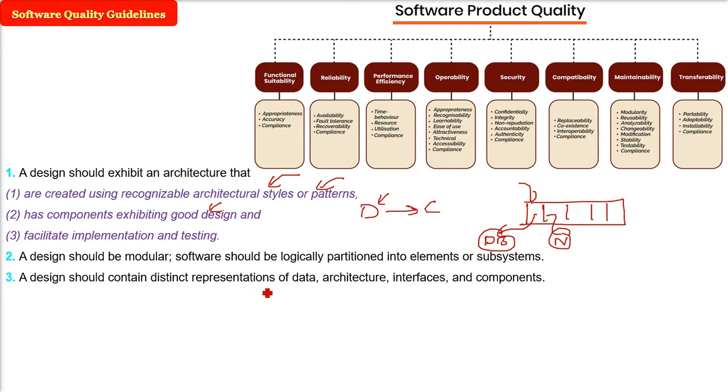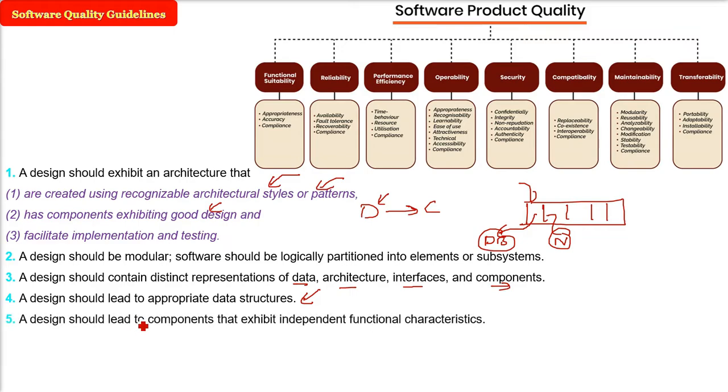The design should contain distinct representation of data, architecture, interfaces and components. The design should lead to appropriate data structures. There should not be any anomaly, whether you should use a structure or a linked list. A design should lead to components that exhibit independent functional characteristics.